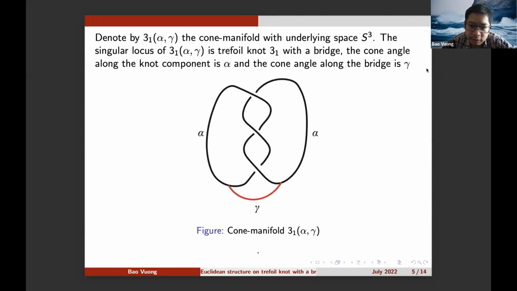In the picture, we show the manifold of the trefoil 3_1 with a bridge, and we denote the cone angles by alpha and gamma. Alpha is the cone angle along the knot component, and gamma is the cone angle along the bridge, colored in red.